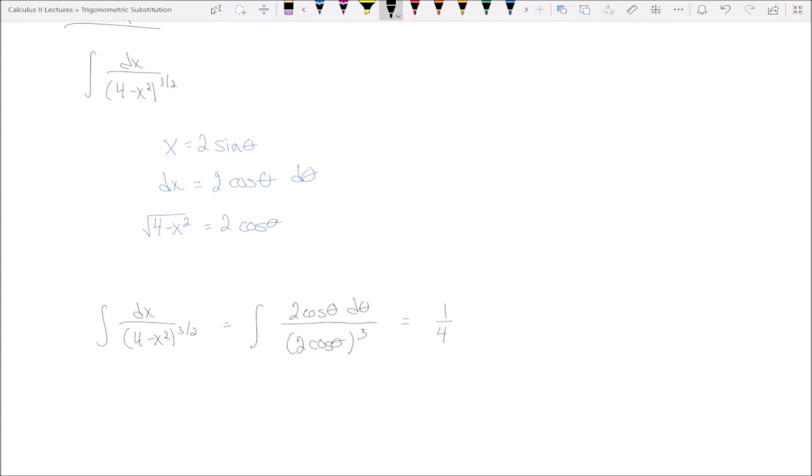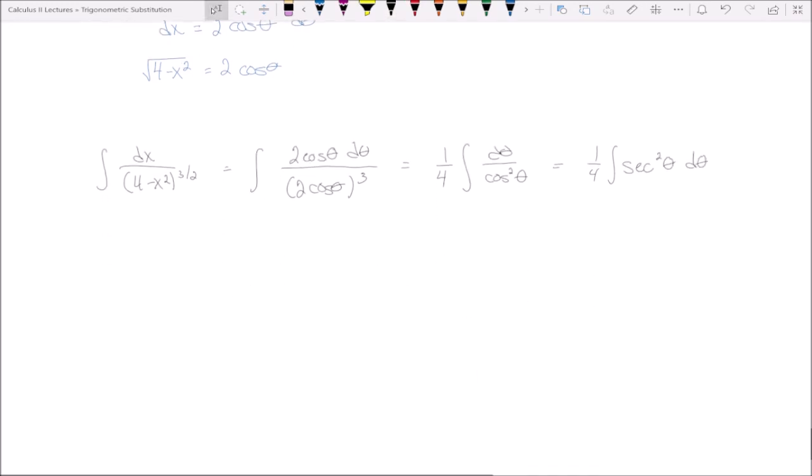We can factor out a 1/4. We're left with cosine over cosine cubed, so this just becomes d theta over cosine squared. This is a quarter antiderivative of secant squared theta d theta. Antiderivative of secant squared is tangent.